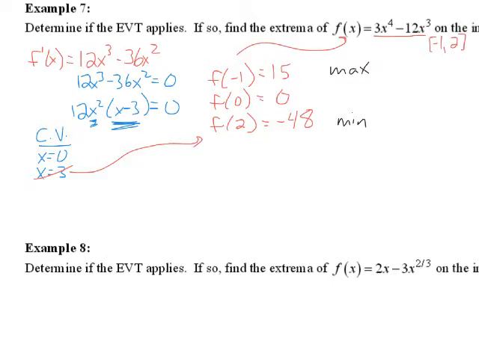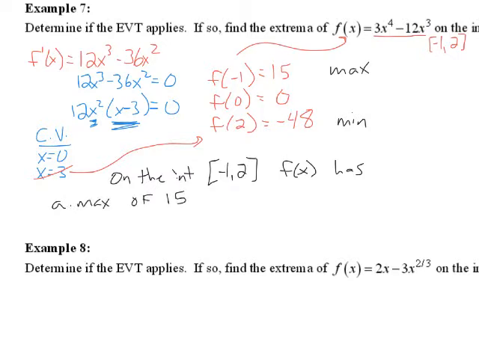So we draw a conclusion in a complete sentence. On the interval -1 to 2, f of x has an absolute max of 15 at x equals -1 and an absolute min of -48 at x equals 2.